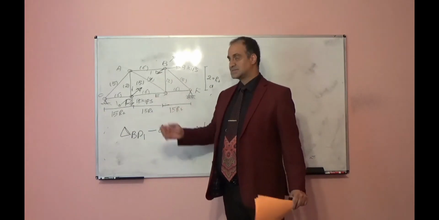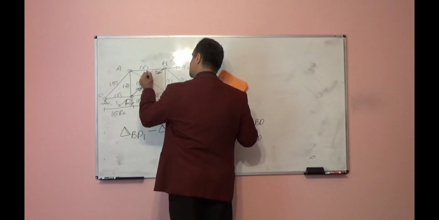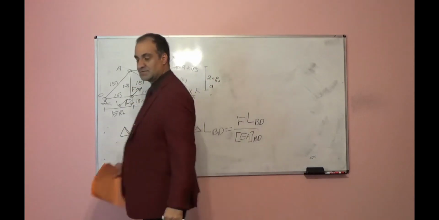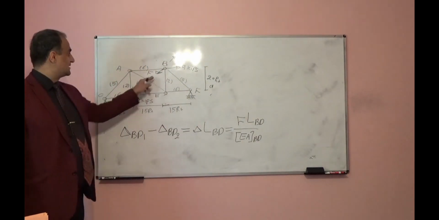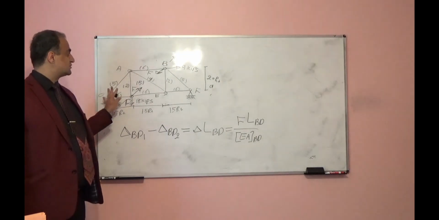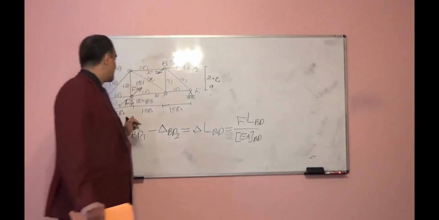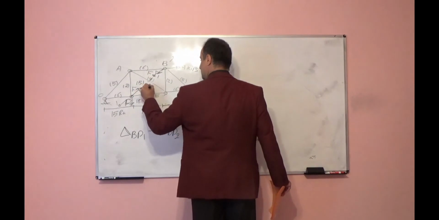Then minus. We want to find the relative displacement of point B with respect to D under load F. What will we do? We will apply load F like this. We will find the internal force for each truss member under this F. Then we will apply 1 and 1 again.